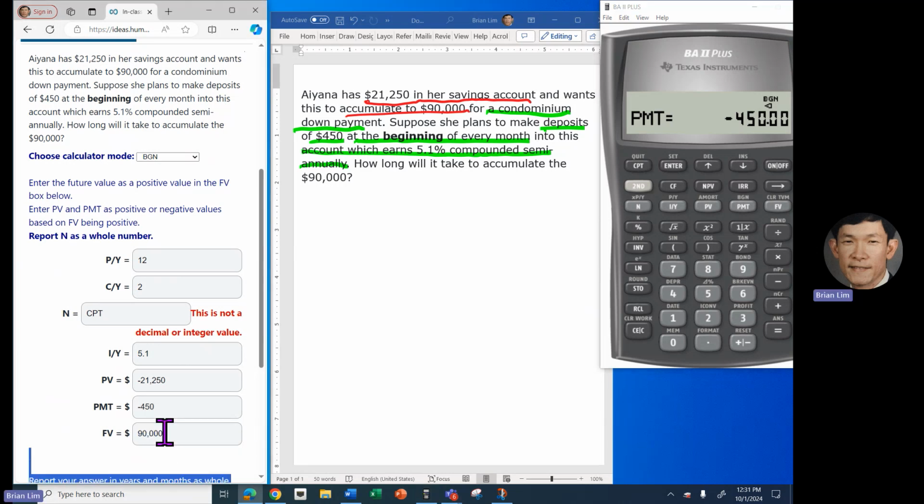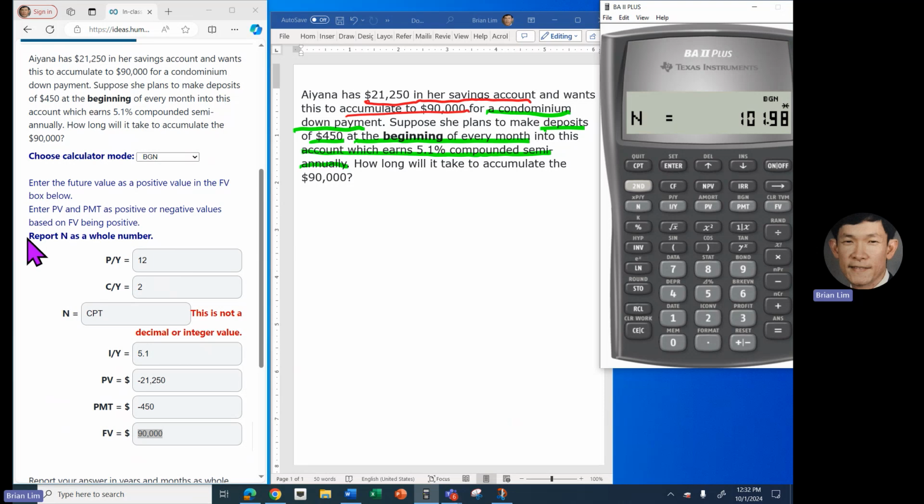Now the next entry is of course the future value of $90,000. So 90000, that's 90,000, and we click on future value, and that has to be entered as positive. So we now compute the value for N, and N is 101.98.